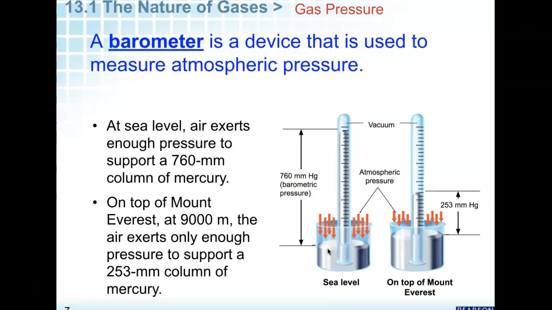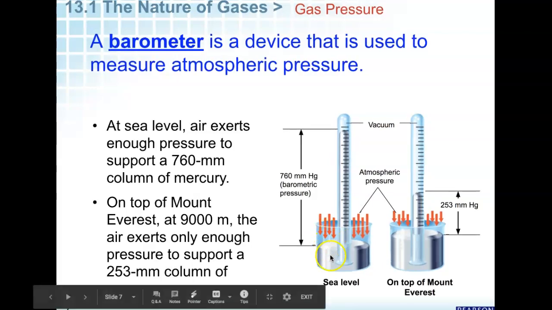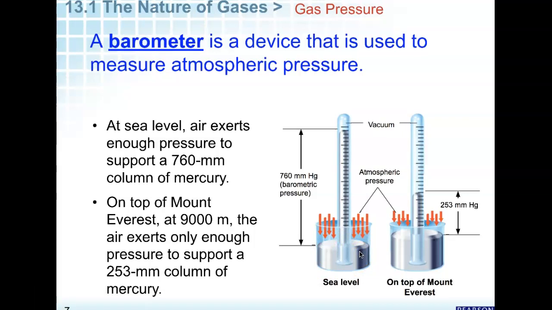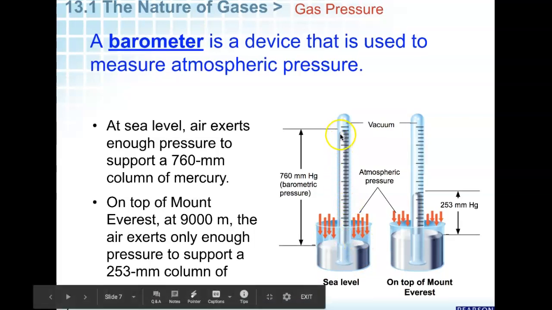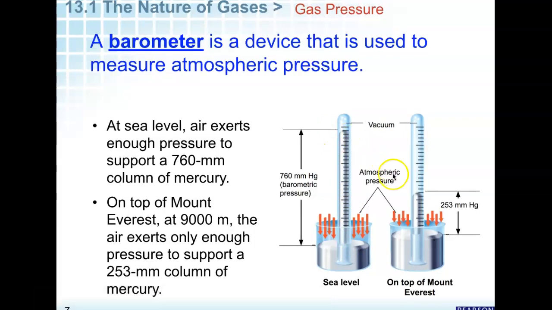If you had higher pressure, you'd have more particles pushing down on that mercury, causing the mercury to rise, which indicates high pressure. However, if you had very few particles, then you're going to have lower pressure. So that's how it's measured by a barometer.